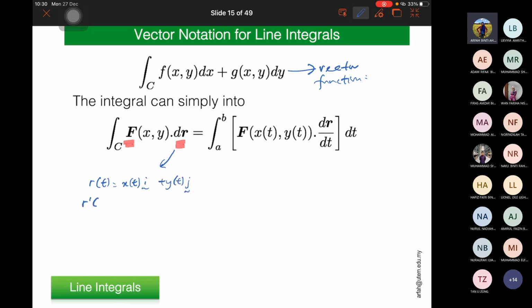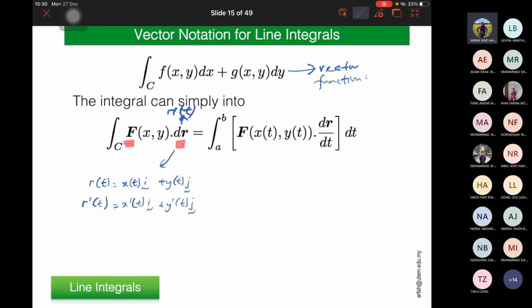So dr is dr over dt, okay, so this is actually r prime t, the first order derivative of the vector function. So x prime t i plus y prime t j.